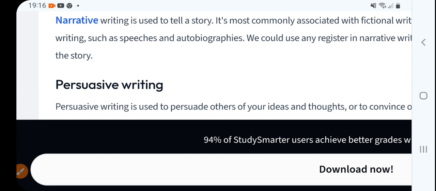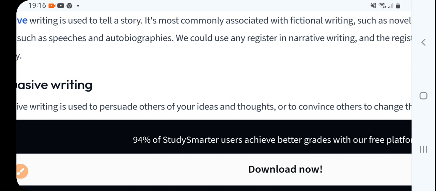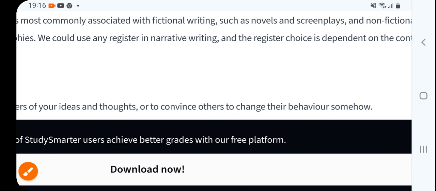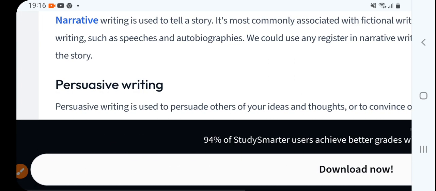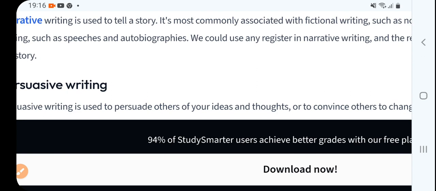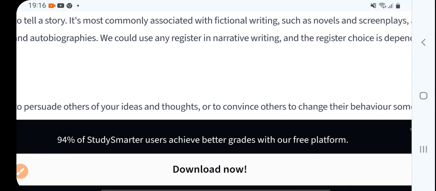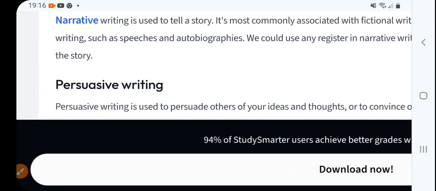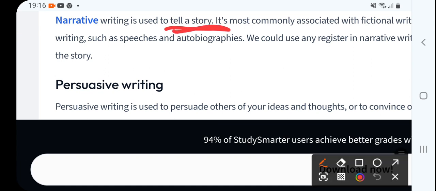We could use any register in narrative style, and the register choice depends on the context of the story. Any kind of story that is told is called narrative.